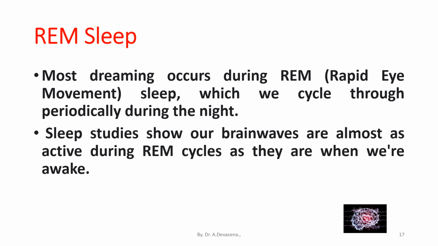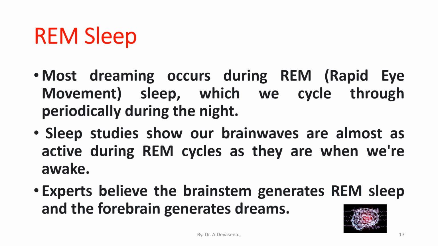Sleep studies show our brain waves are as active during REM cycles as they are when we are awake. Experts believe the brainstem generates REM sleep and the forebrain generates dreams.